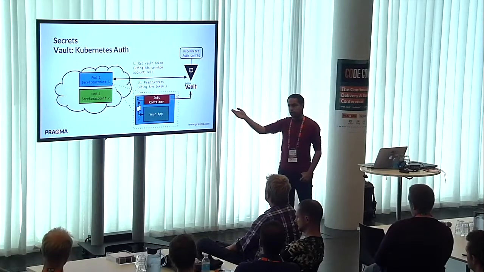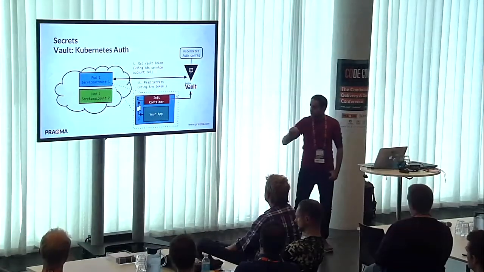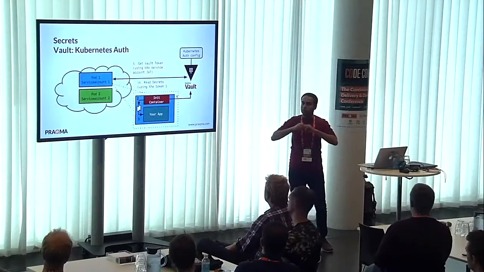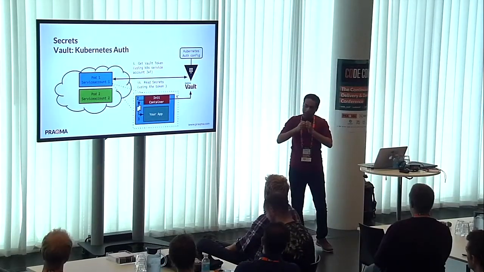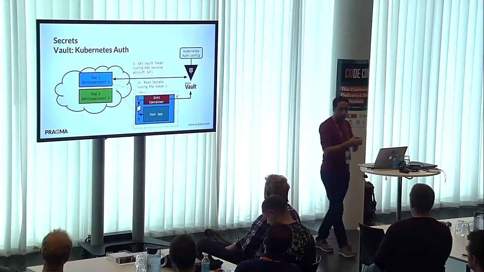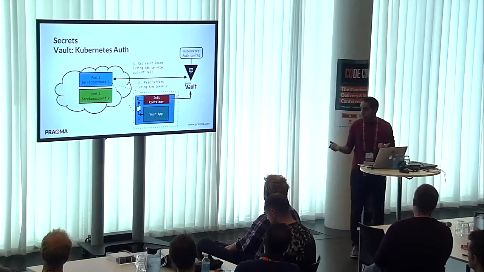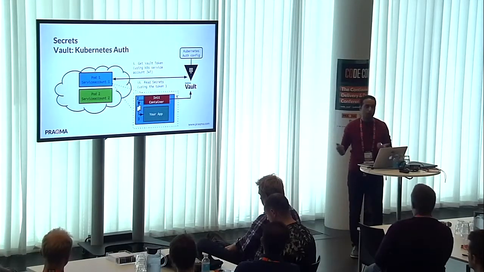So if your Vault is actually deployed in the cluster and your pods are deployed in the cluster, then all the secret reading happens internally and there's no exposure outside of the cluster. Now, of course, if your cluster is compromised, then this whole thing wouldn't help you. But this is something we have to live with.